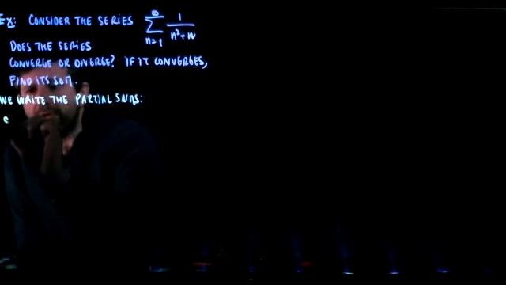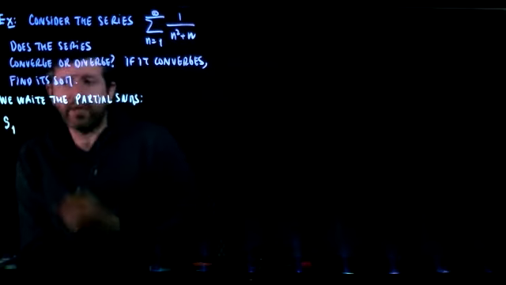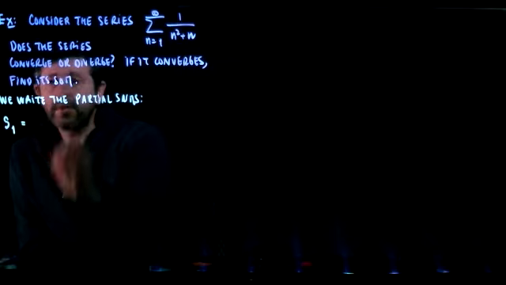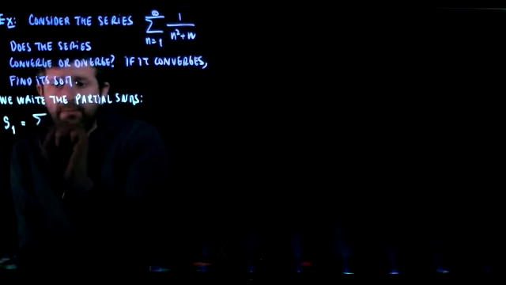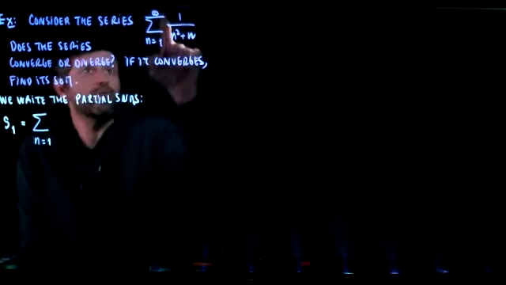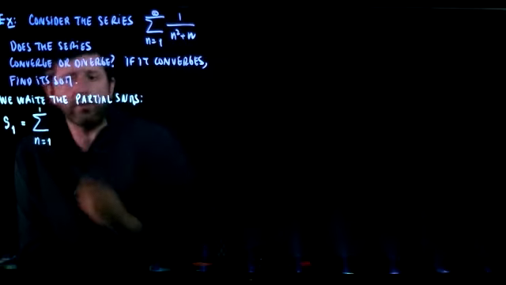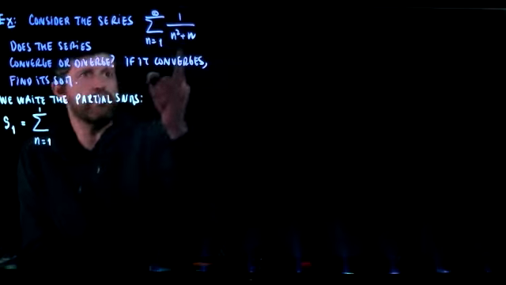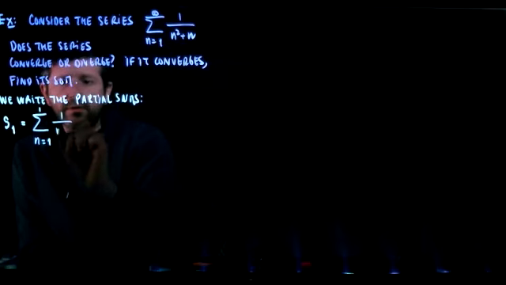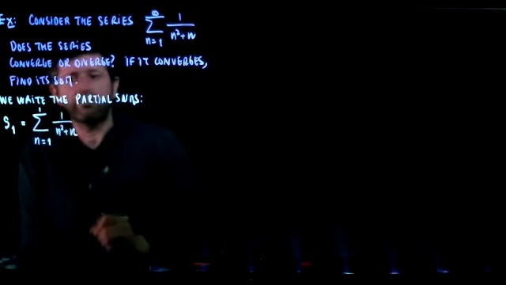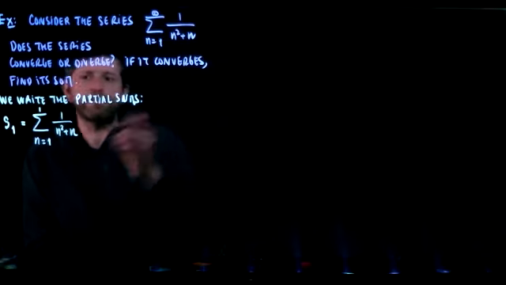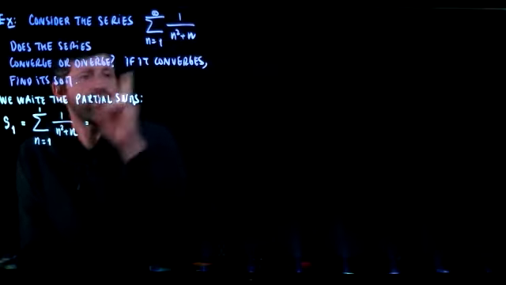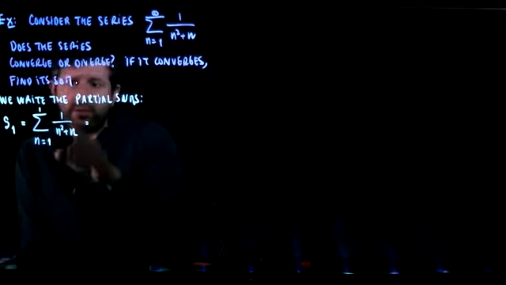The first partial sum is S1. S1 is just the sum where n goes from 1, and now instead of going to infinity, I'm just going to go until 1 of this term, of this series. So basically, I'm just taking the first term, which is 1/2.